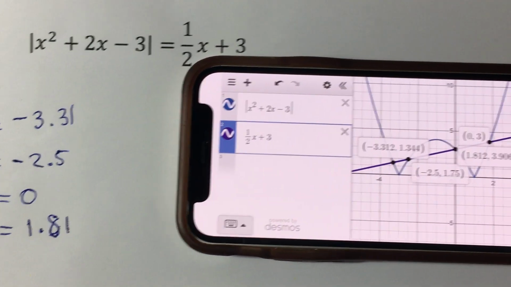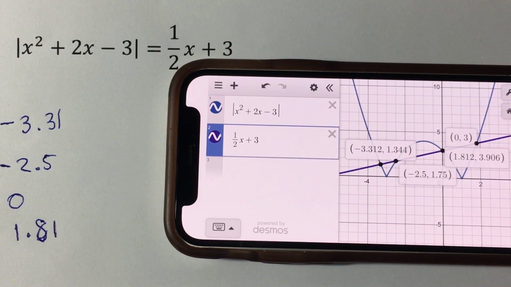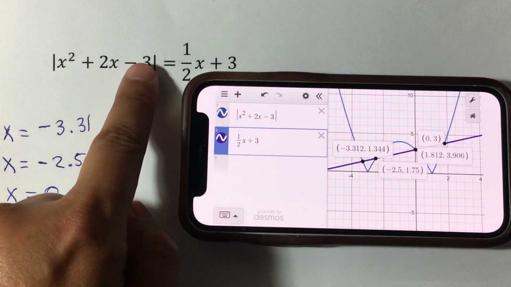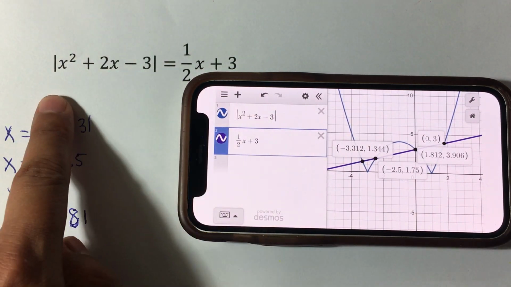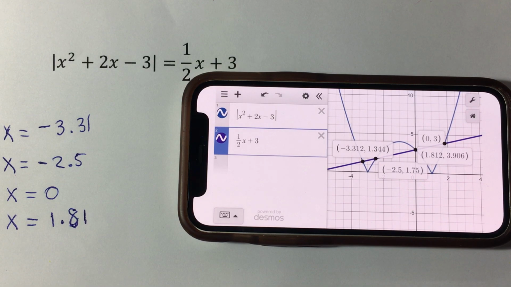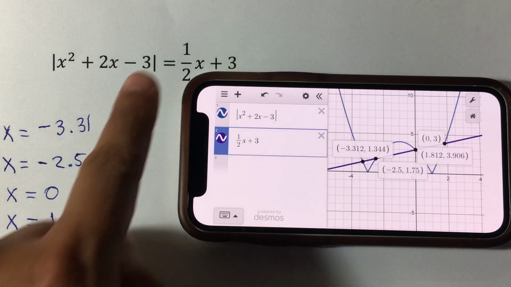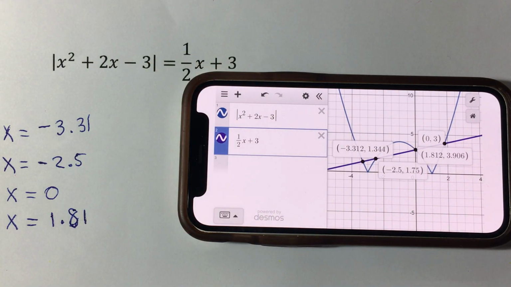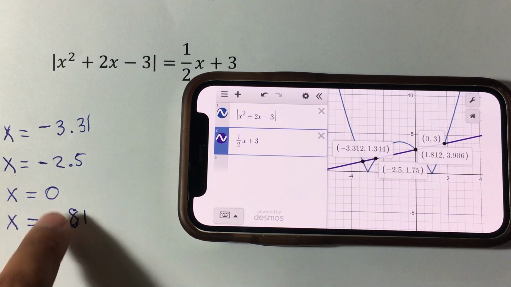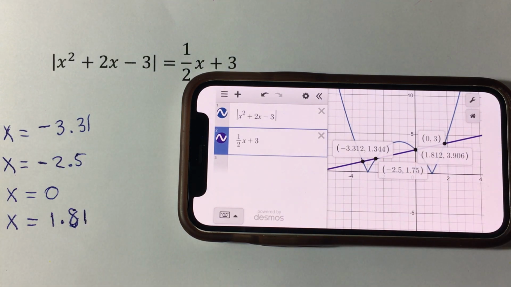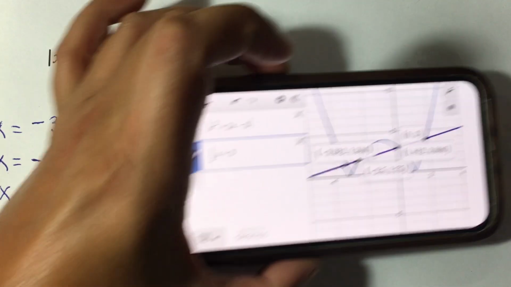So those are the values that I see in here. Two graphs: this one, which is the absolute value of a quadratic equation, and the other one is a linear equation, so that's a line. Those are the points where they meet. Again, it's just the values of x that we are going to take. Okay, let's move this to the side.